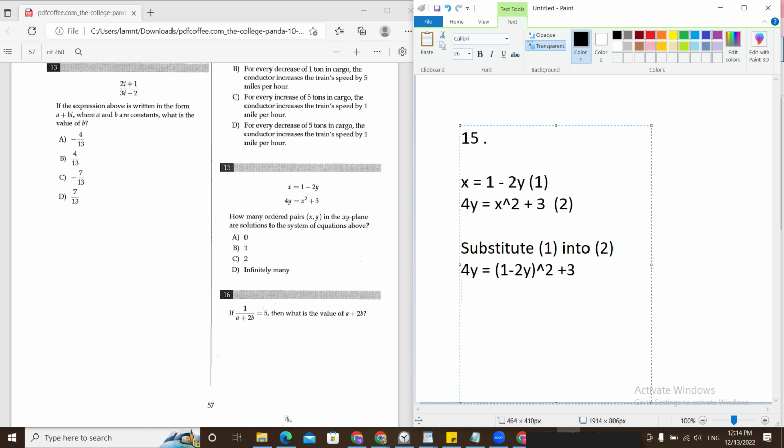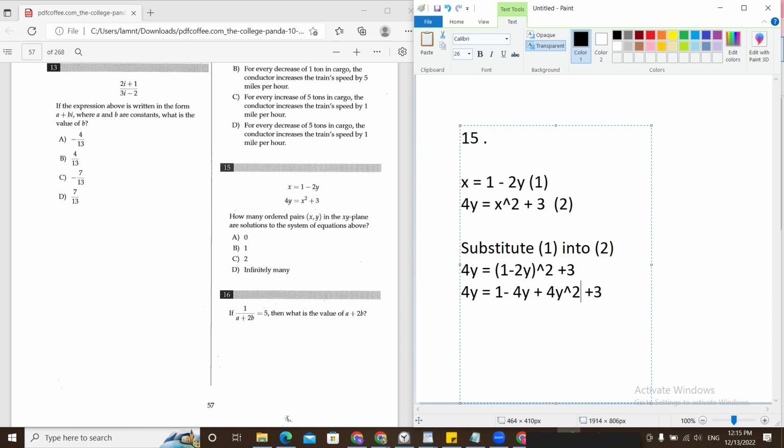Okay, so we can expand this one. So 4y is now equal to 1 minus 4y plus 4y squared, because here you just do the expansion of (a minus b) squared, and that's plus 3.